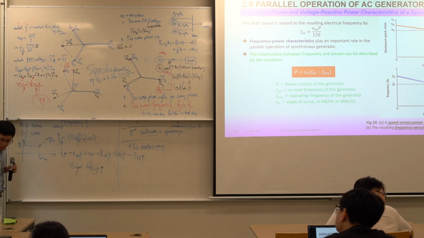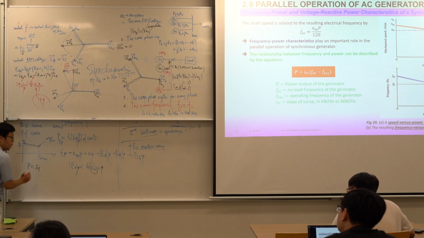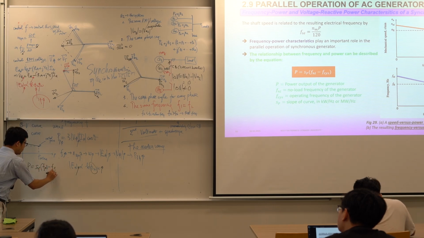So you get this curve, right? So we have P equals S_P, that means slope, times F no load minus F full load.